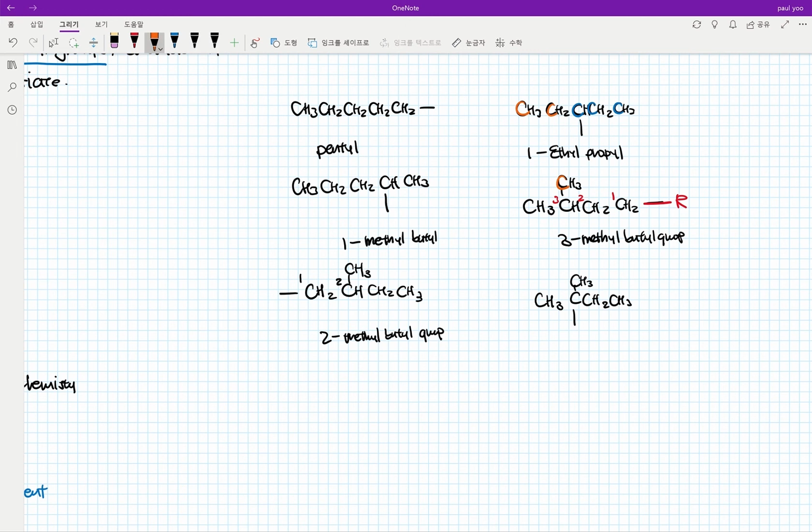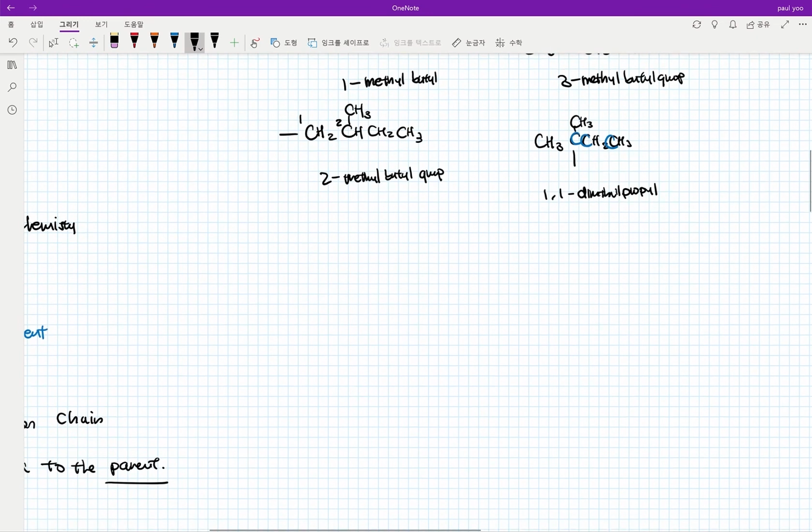This, the longest chain, is going to be CCC. So this will be named 1,1-dimethylpropyl group. And our last C5H11 alkyl group will be this.